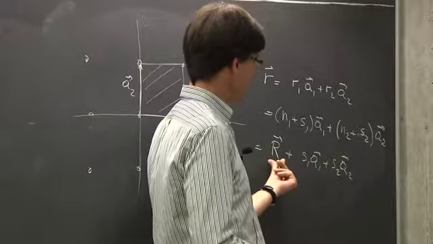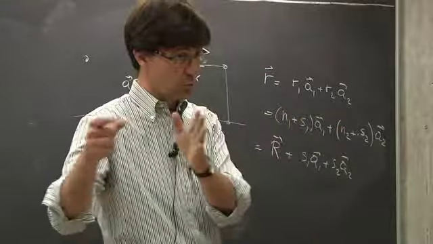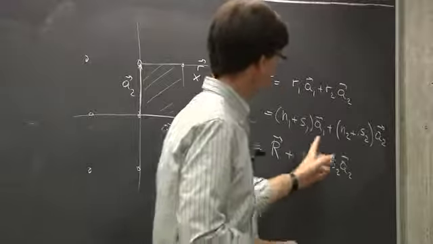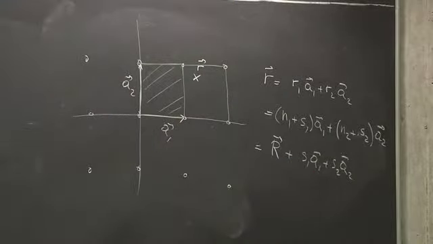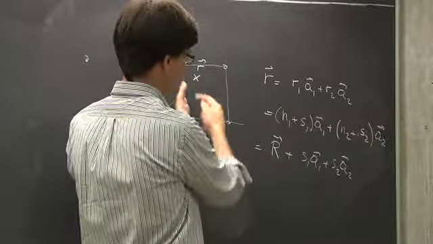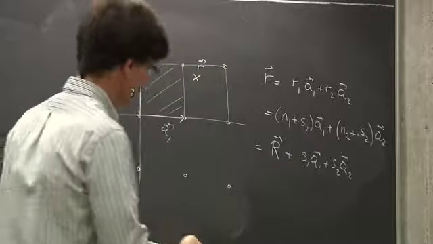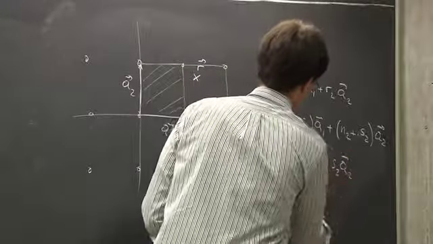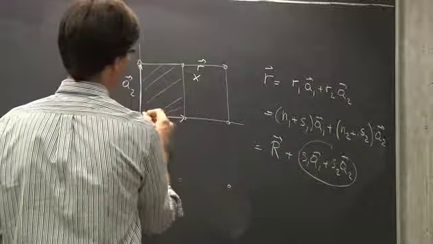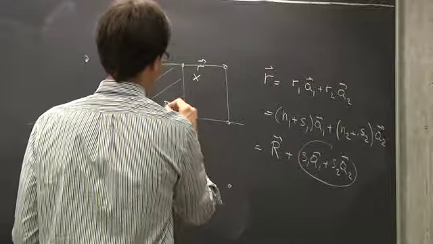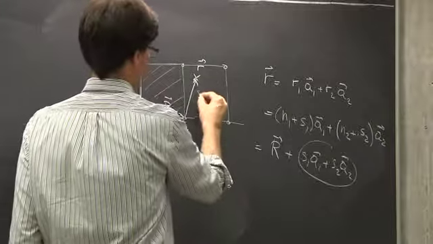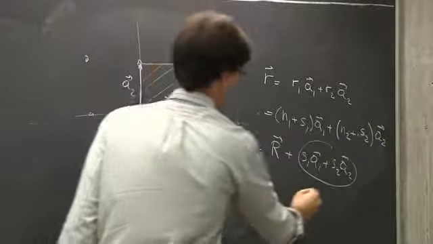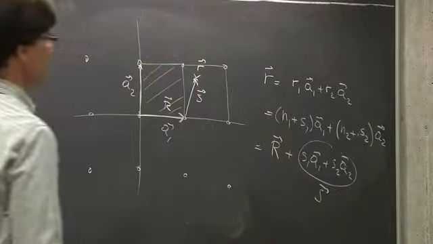The integer part will be my Bravais lattice, the Bravais lattice vector through which I have to translate my unit cell, and the rest will be the position of the atom in the original cell, sorry, in the translated unit cell here. So it would be like writing this point as a linear combination of R plus this vector, let me call it S, a vector which is within the unit cell.